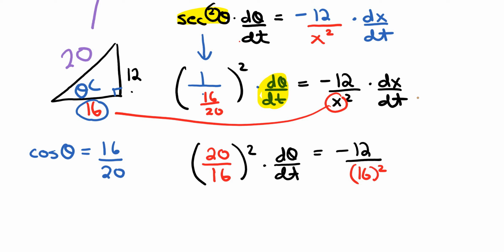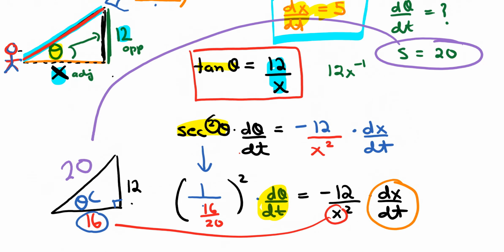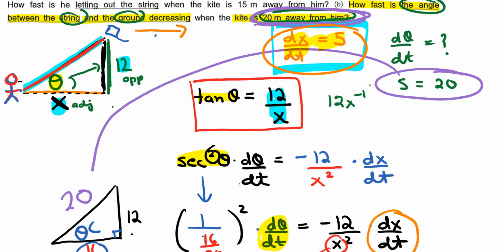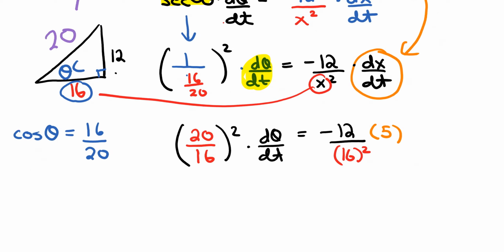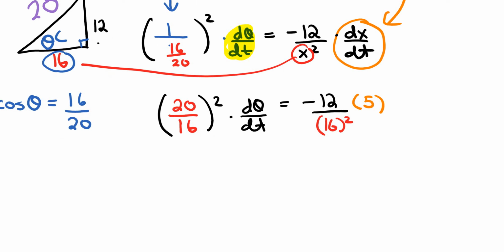And then I need to find dx over dt. And in order to find dx over dt, I need to go back to the beginning of the problem. Here's my dx over dt. It's 5. So the 5 comes down there. So I need to multiply that by 5. Now that we have all the numbers put into place, we can go ahead and solve for d theta over dt.